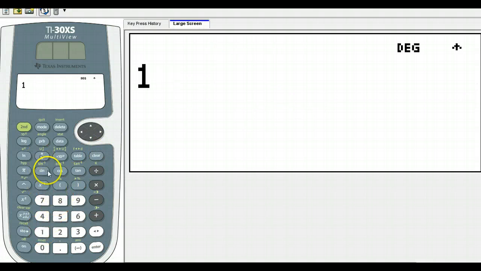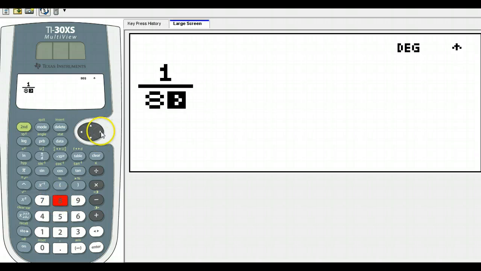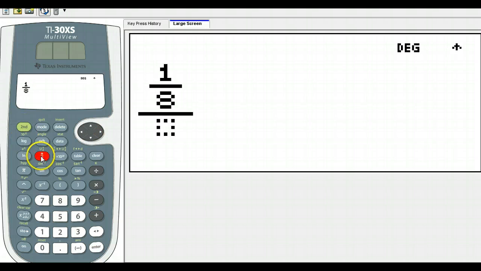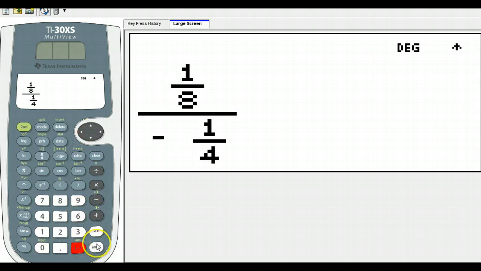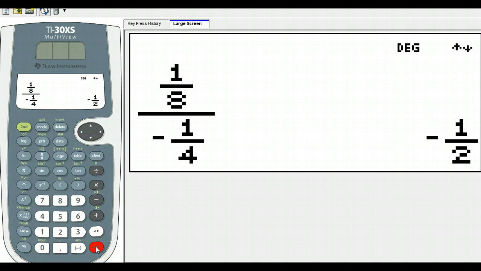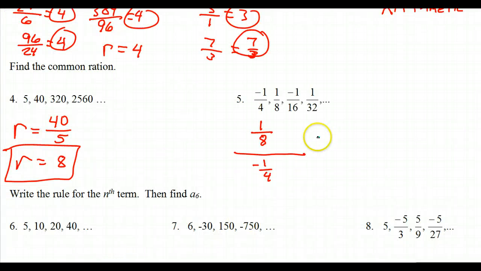This would be 1/8, and then divided by -1/4, and that turns out to be -1/2. So that's the common ratio, -1/2.